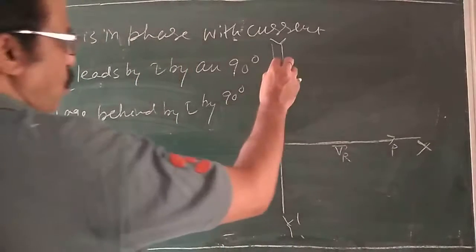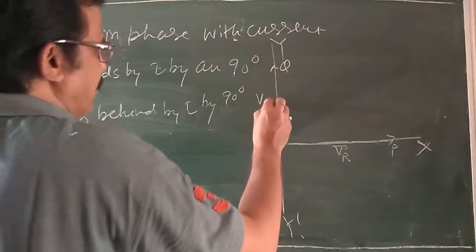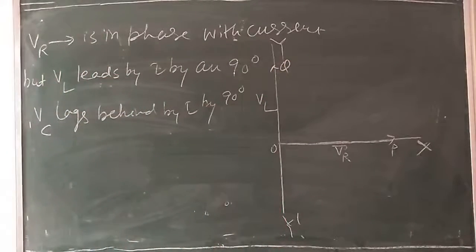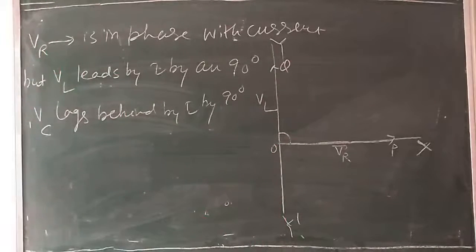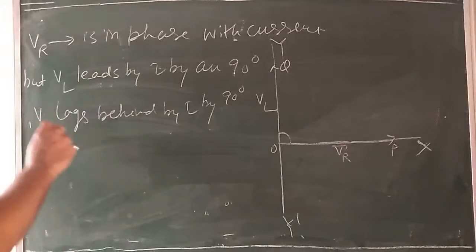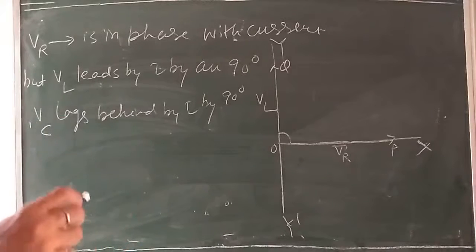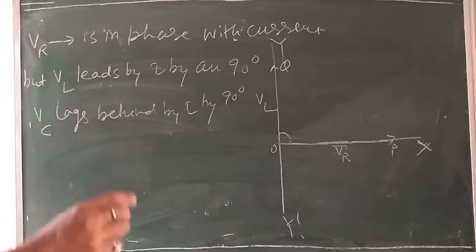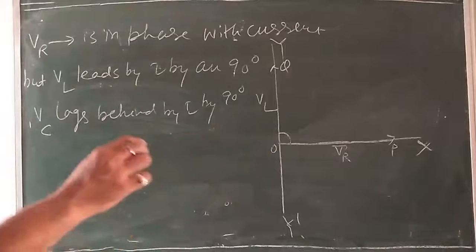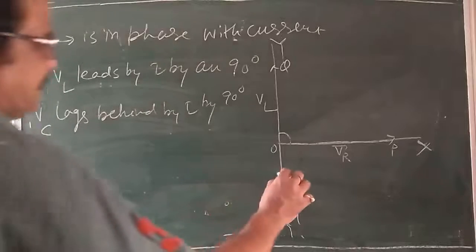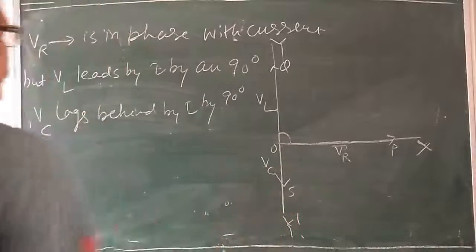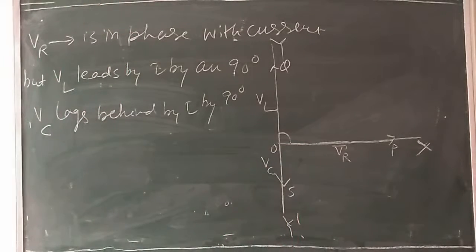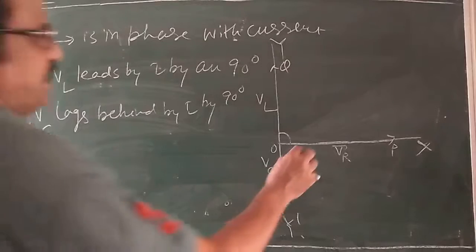The vector OQ represents VL, which leads the current by 90 degrees. And at last, for VC, we draw a vector OS. So we can see VC lags behind I by 90 degrees.